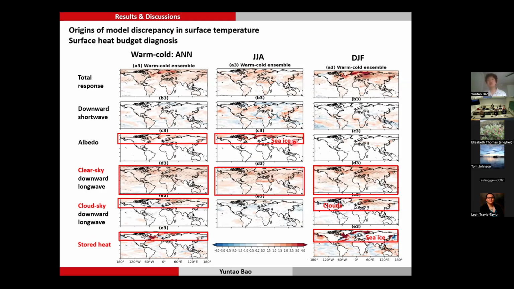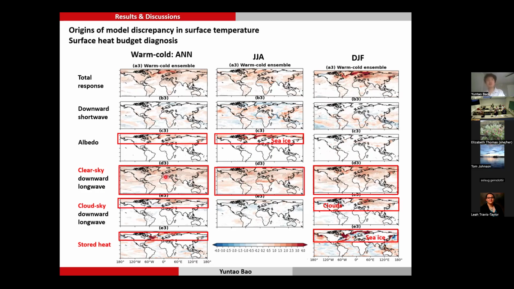The decreasing sea ice, due to the decreasing albedo, will further warm the surface. That's why this causes a very strong temperature increase in warm models. And the clear-sky downward long-wave radiation is also very clear in JJA. That is mostly related to the whole air column warming, which produces the surface warming.